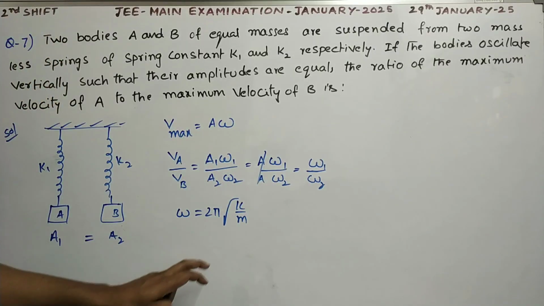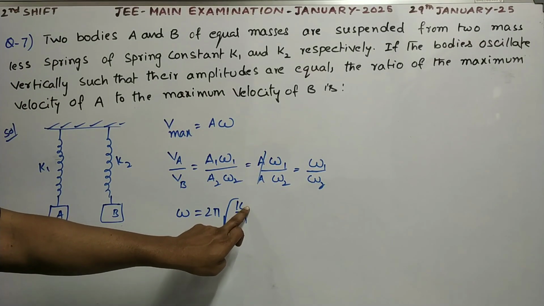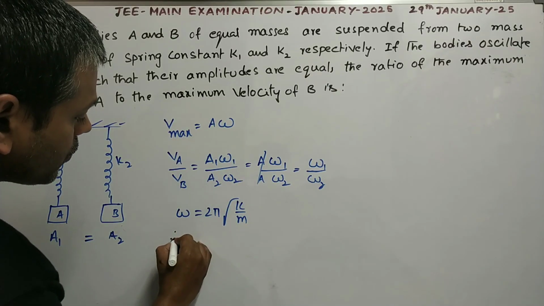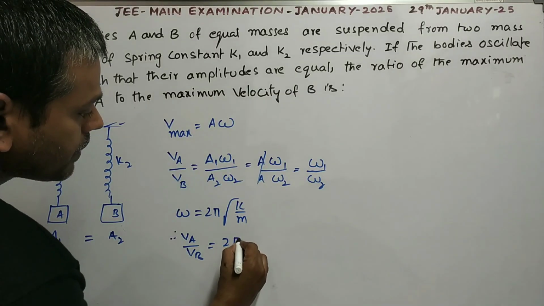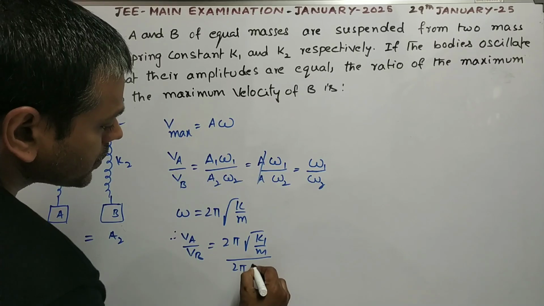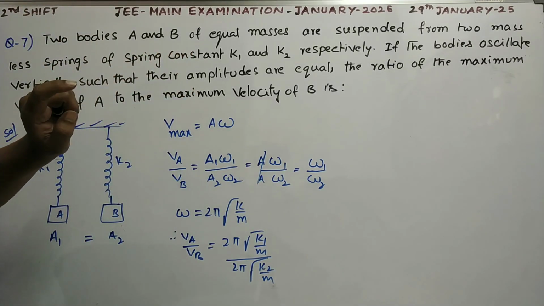So how are they related to each other? Velocity is directly proportional to spring constant. Therefore, VA by VB is equal to 2 pi into root over K1 by M, by 2 pi into root over K2 by M. Why? Because both are identical masses.